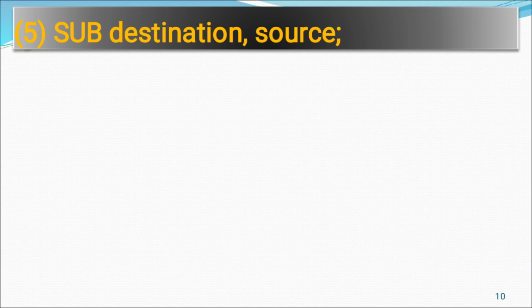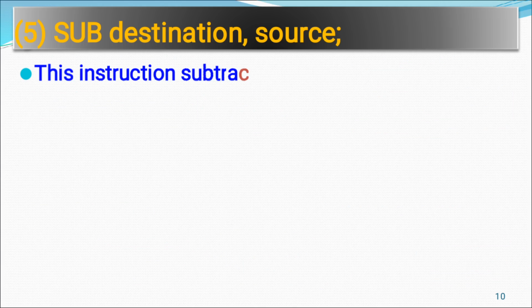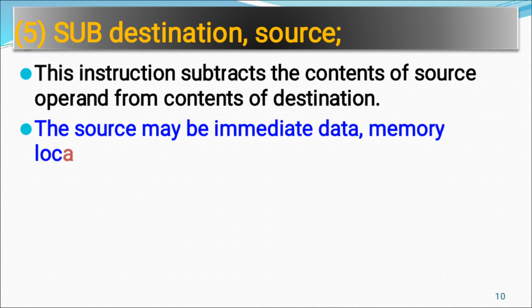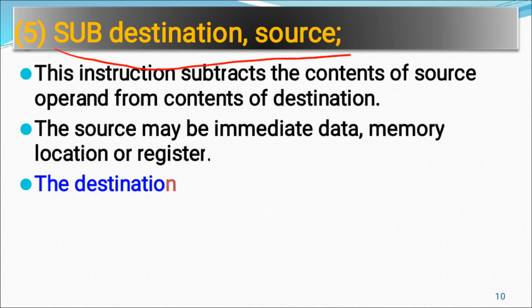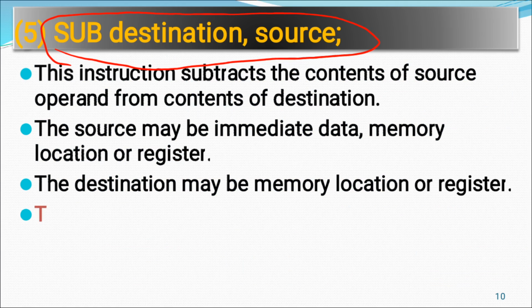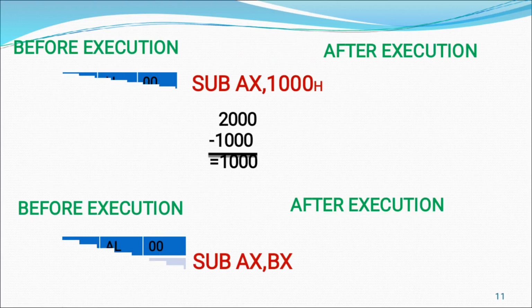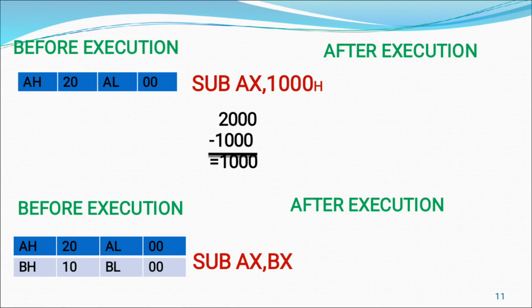Next we are going to discuss subtraction. SUB is the syntax for the subtraction instruction: SUB destination comma source. Here the destination is always the AX register, and the source can be any internal register, memory location, or direct data. Let us consider these two examples, SUB AX comma 1000 and SUB AX comma BX.